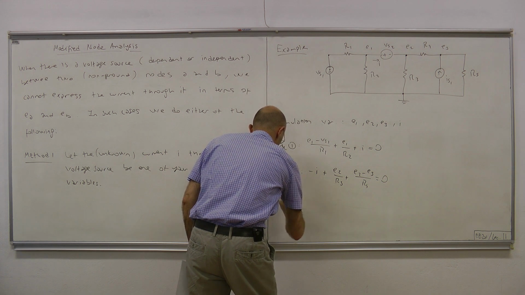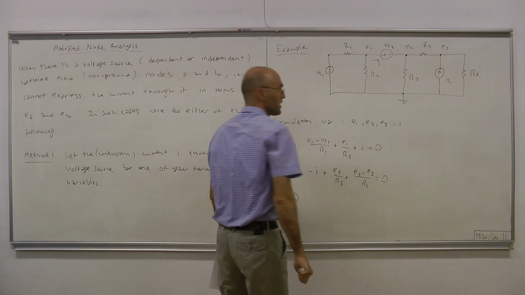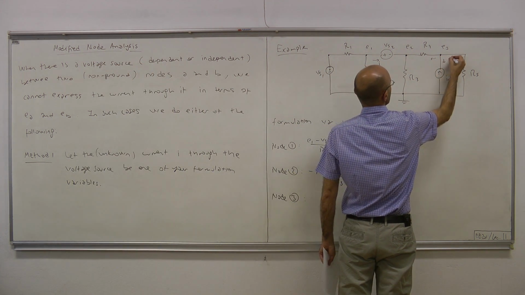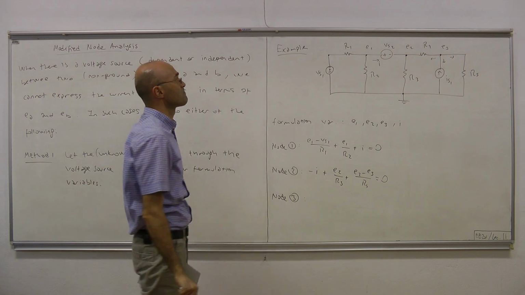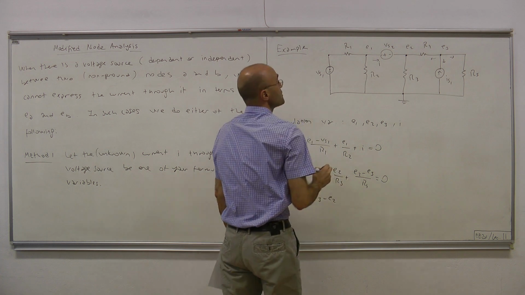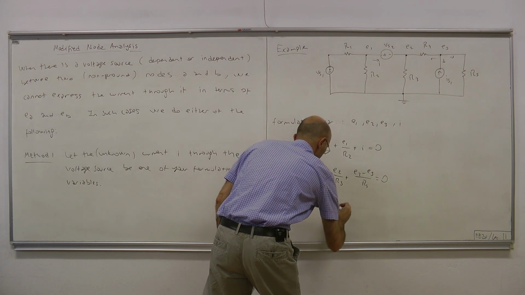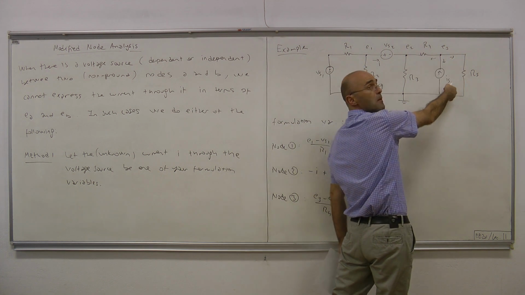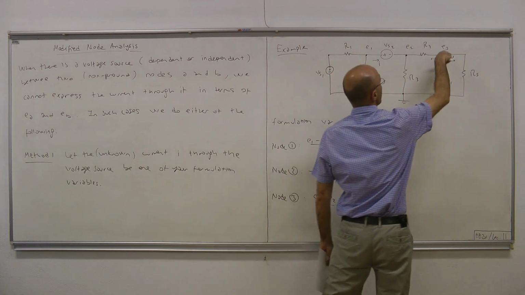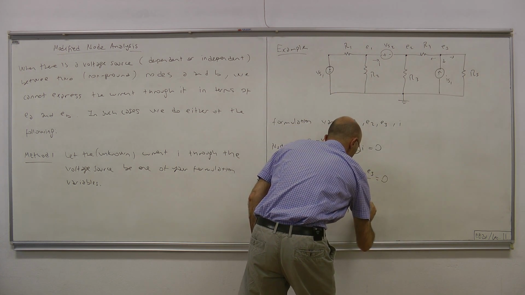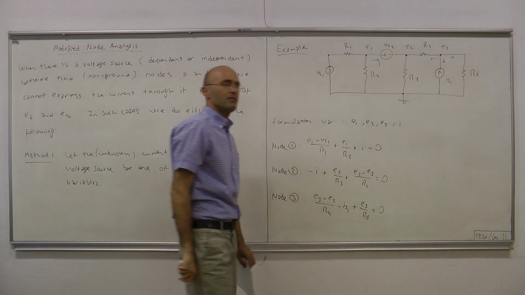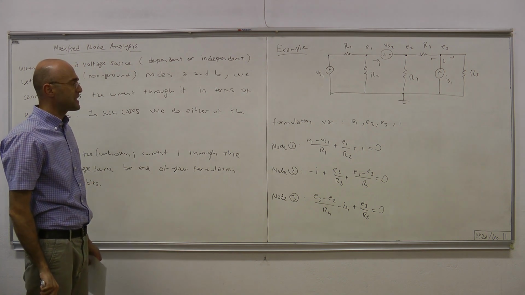So let us also write KCL at that node. So we're summing up this current and that current according to our convention. So this current is E3 minus E2 over R4 plus this current, which is minus IS1, and finally plus that current, which is E3 over R5 equals 0.